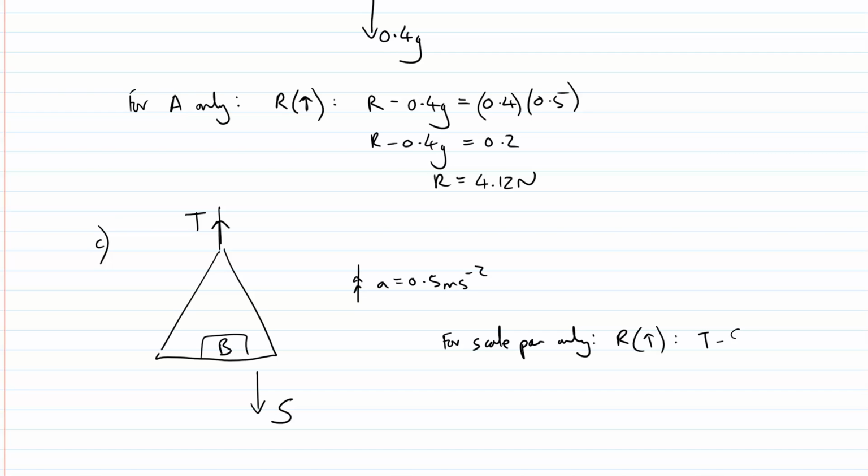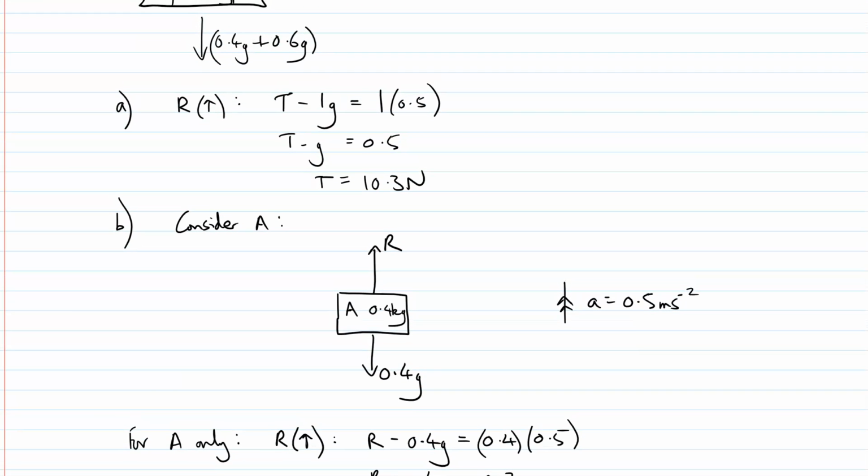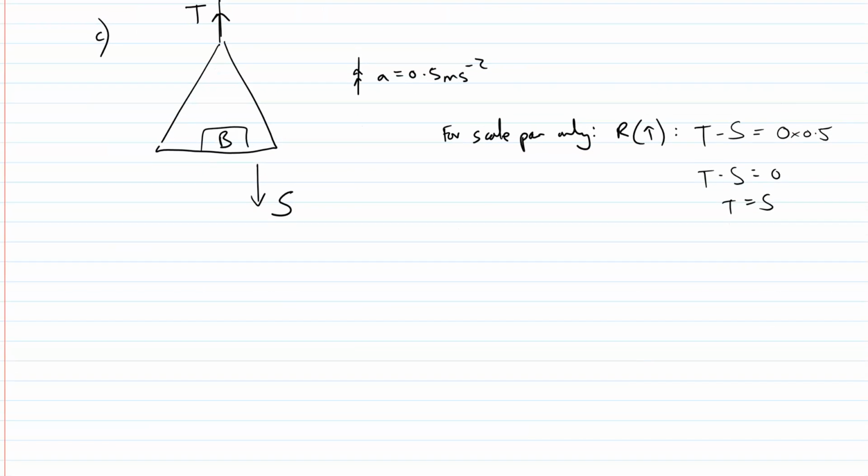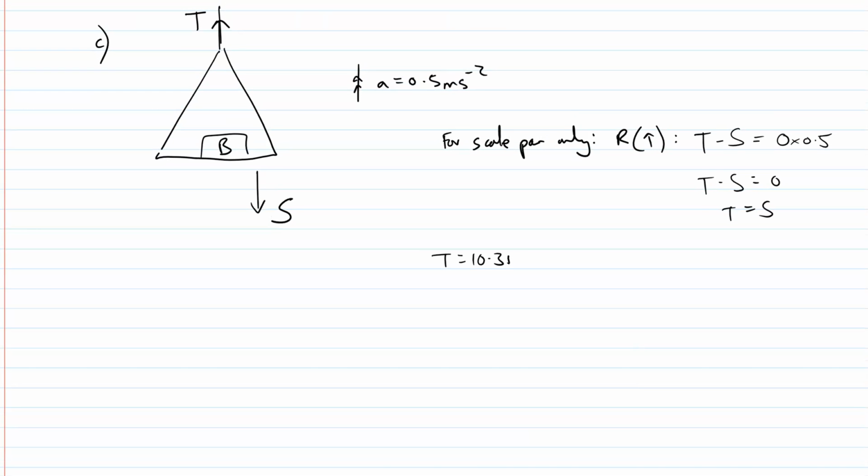We've got the force going downwards, and we know that the mass of the scale pan is light, so the mass times the acceleration is 0 times 0.5, so we actually end up with T minus S equals 0, so T equals S, and we know from the first part that T is 10.3 newtons, so therefore S is also 10.3 newtons, and so that's our force exerted on B by the scale pan, same as the force exerted by the scale pan on B.